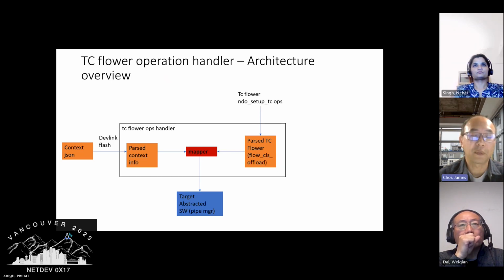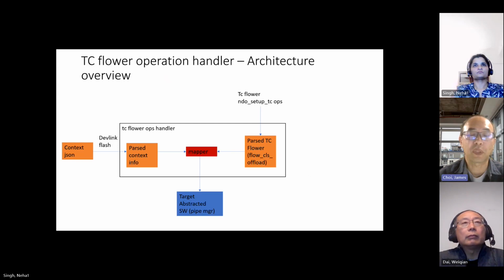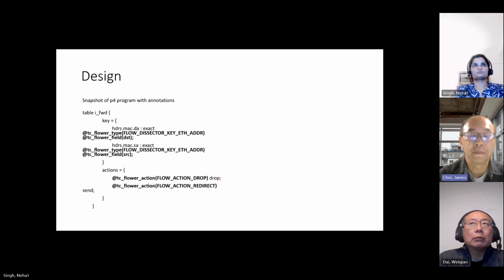And the pipe manager interface is a P4 defined interface. So the mapper is really the dynamic entity: once the P4 program changes, the mapper is able to adapt to the new P4 program, while the TC Flower interface itself and the control plane can remain the same. If we can go to the next slide.